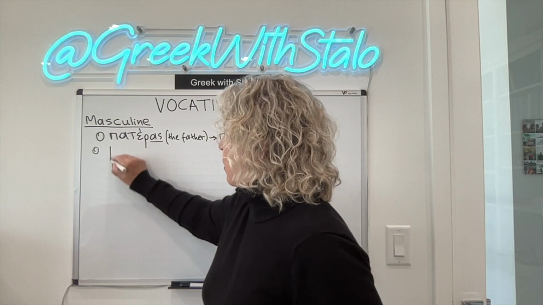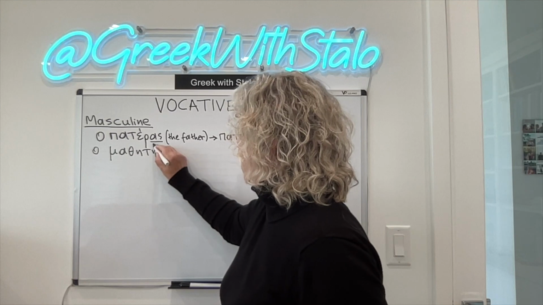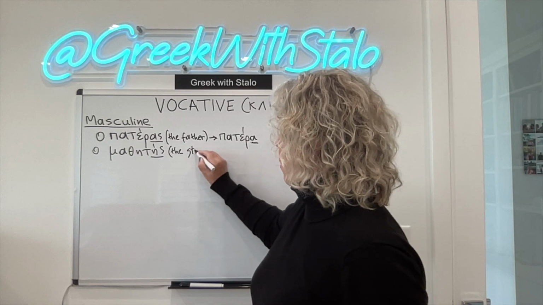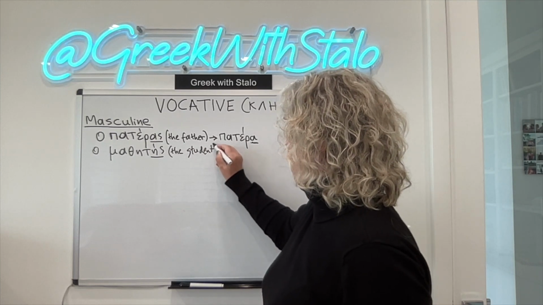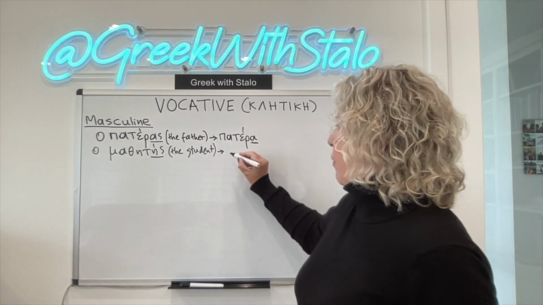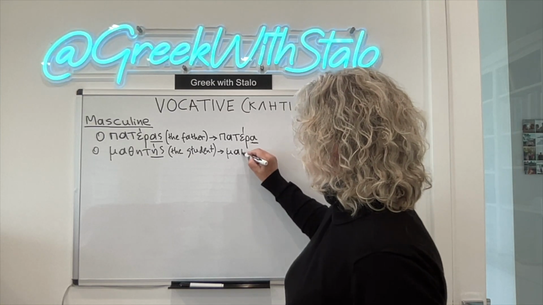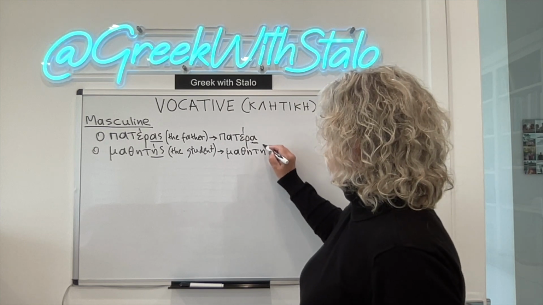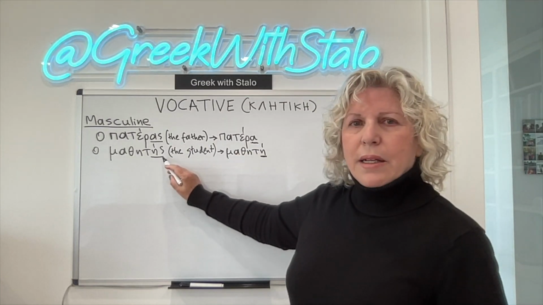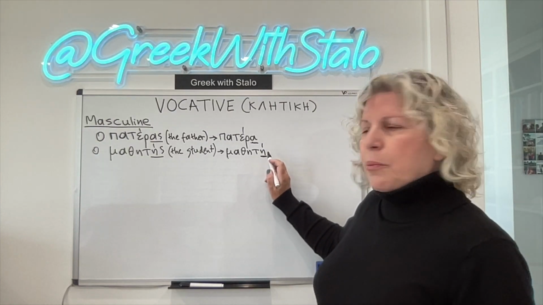Ο μαθητής, the student, the vocative becomes μαθητή. So, eta sigma is ο μαθητής, and in the vocative we dropped the sigma.